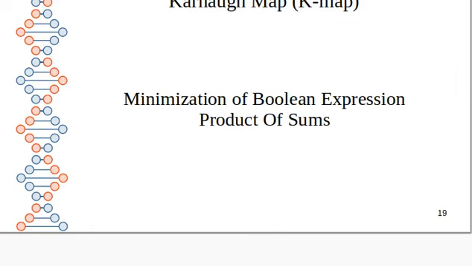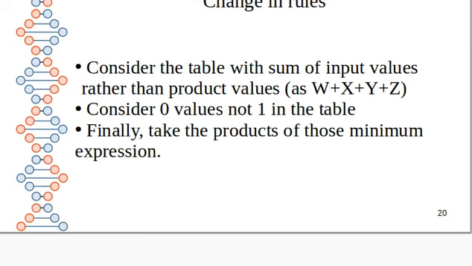So now we have understood the minimization of Boolean expressions using sum of products. Now the process of product of sums. The rules are the same, only we have to consider the sum of the input values.